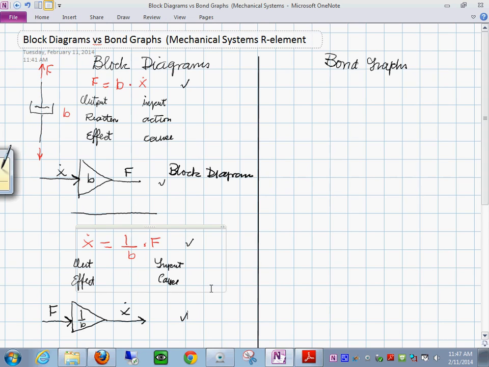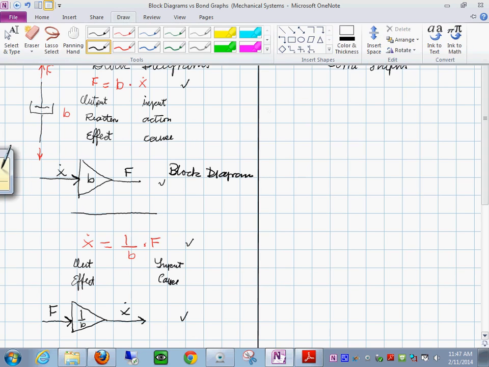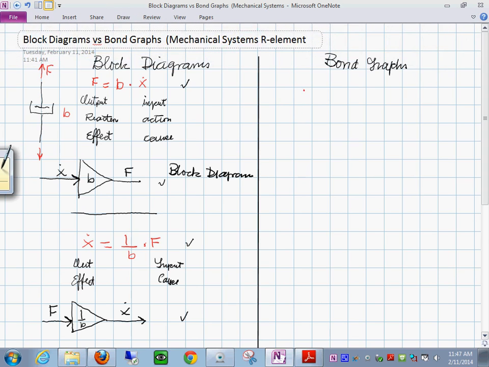Okay, on this right hand side, this is my R element in here, and the R element is going to be like this. I am going to use a symbol that has two lines, one horizontal line and this crossbar. In this, I am going to represent the output, and this is going to be my input. How do I determine that?